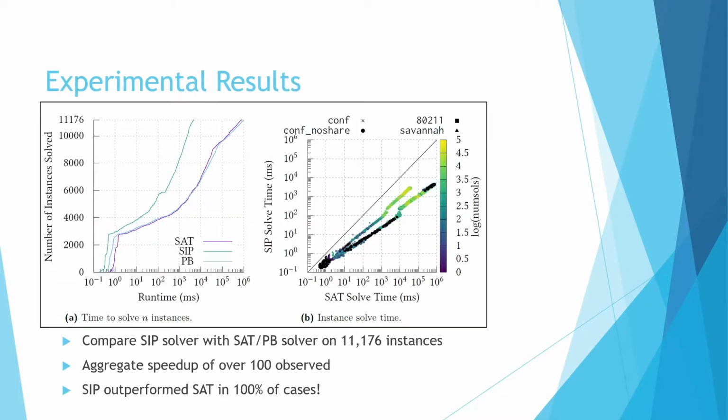So to measure the performance of our tool, we compared our performance speed with that of the SAT and pseudo-boolean solver that currently exists and is built into BigraphER. And we did this on over 10,000 instances, which were a mixture of large and small problems, both with and without sharing.